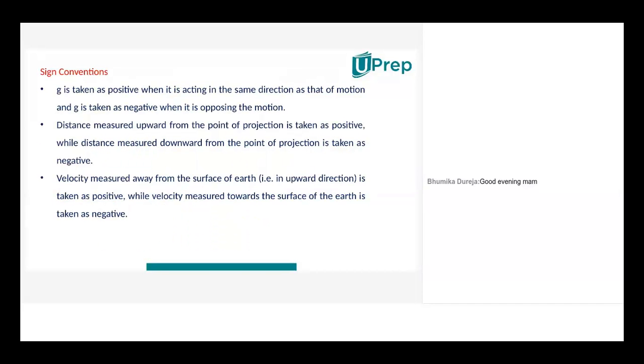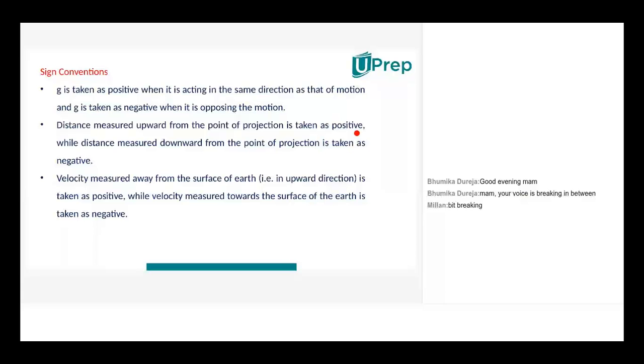It should be taken positive when it is acting in the direction of motion, which means if a body is falling vertically downwards, as the direction of g is also downwards, in this case g should be taken positive. If the object is moving up, but g is acting downwards, you can see g is acting opposite to the motion, and in this case g will be taken negative.